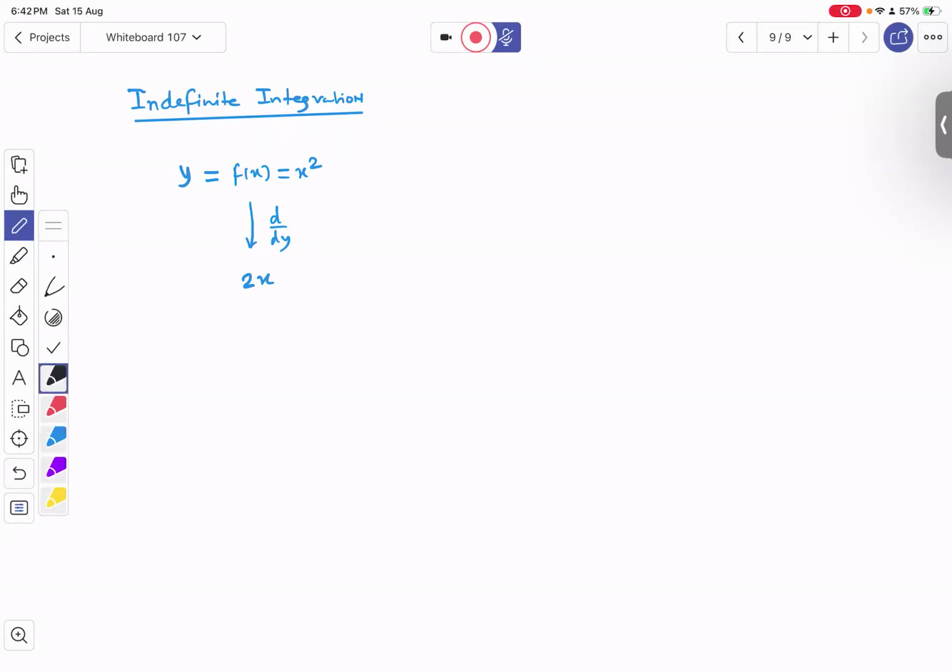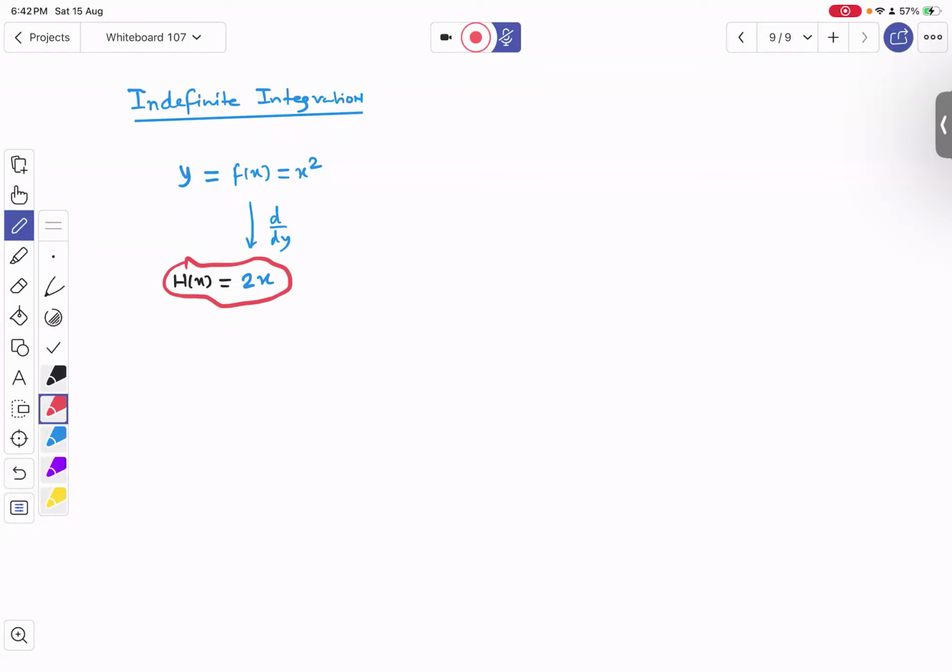Maybe I call it h of x. So I'm telling you, we have a function which I don't know, but its differentiation is 2x, I know. So can you tell me what was that function whose differentiation is 2x?